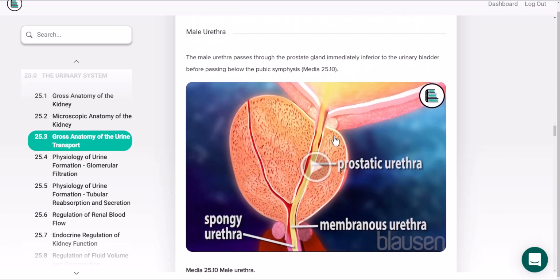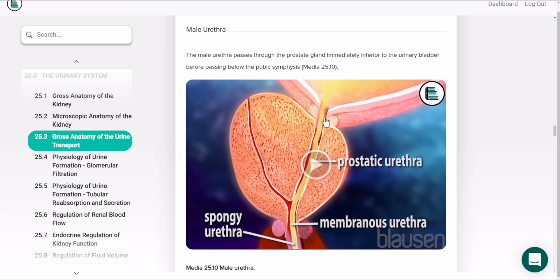The male urethra again has the prostate. Here is the internal sphincter above the prostate. Here's the external sphincter below the prostate. The urethra passes through the prostate and then into the penis. We'll see this next time in the male reproductive unit.